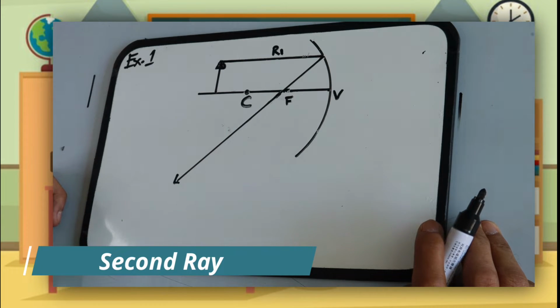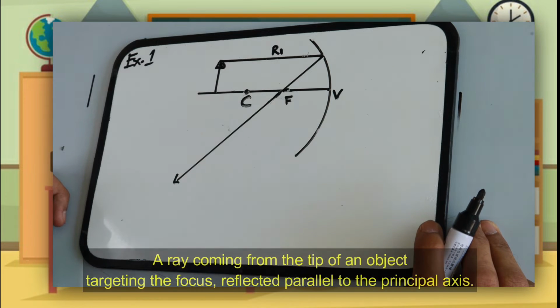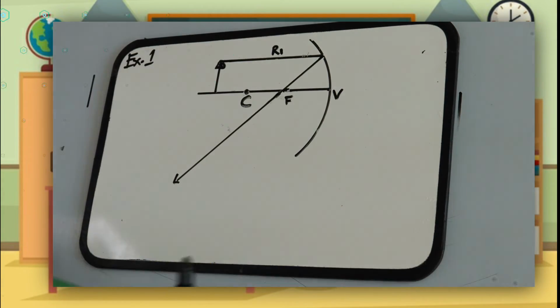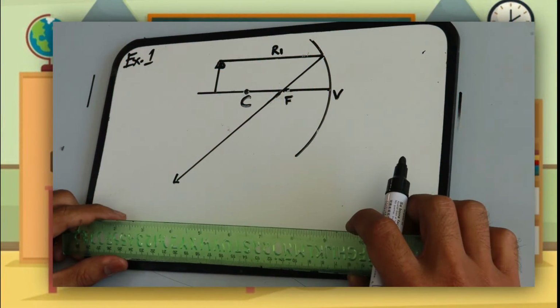Then our second ray: a ray coming from the tip of an object, targeting the focus, then reflected parallel to the principal axis. So how are we going to draw that ray?